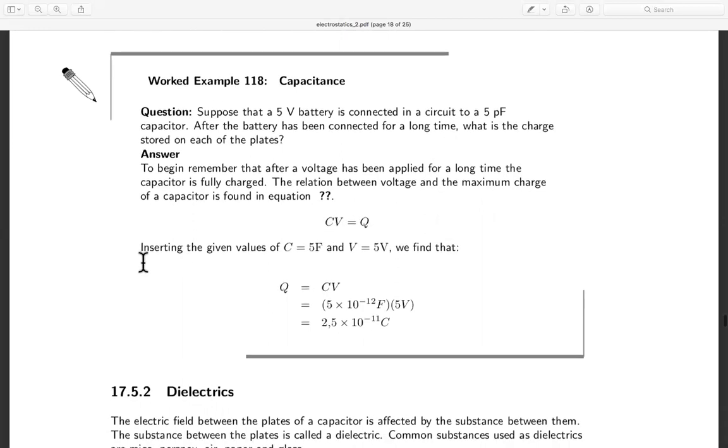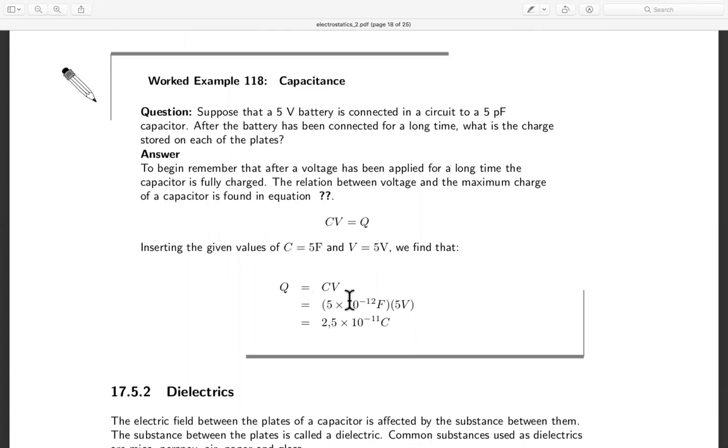Inserting the given values, C is 5 picofarad. Sorry, it is not 5 farad, that was wrong. It is 5 picofarad, and the voltage is 5 volt.